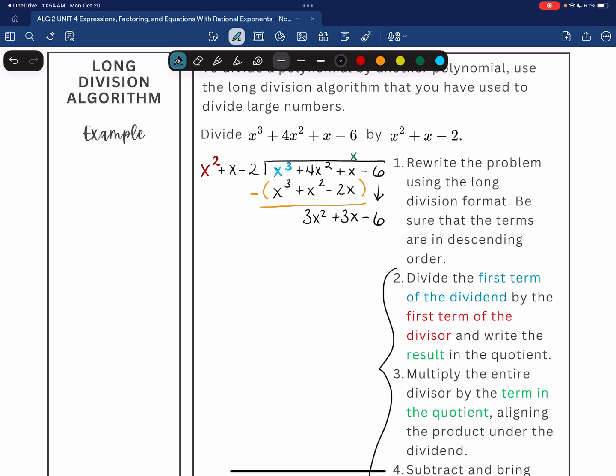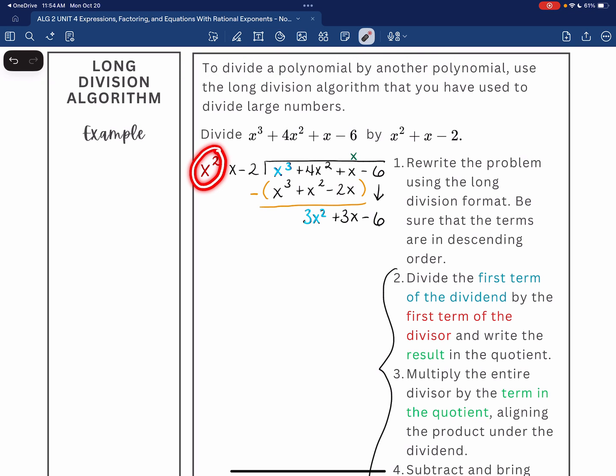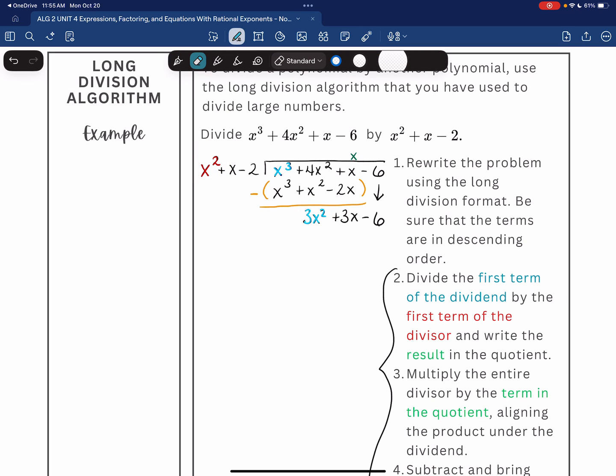So we start again. We're going to divide now this first term, 3x squared, by this term in our divisor. Or we're asking ourselves, what would I multiply this by to get this term? Well, I would definitely have to multiply it by a 3 to get a coefficient of 3, and then that would be it. 3 times x squared is, in fact, 3x squared.